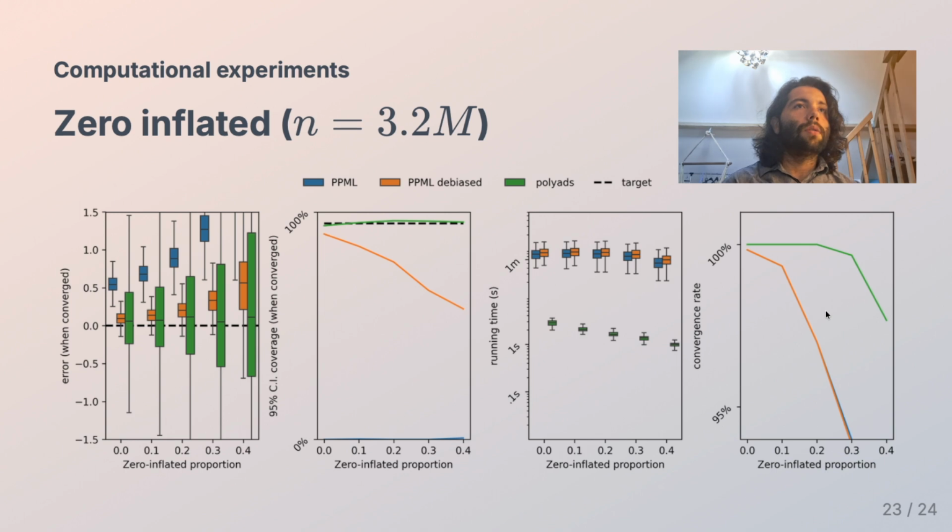And to finish the experiments, I also have here an example of a zero-inflated experiment. Here, what I did was to generate the data following a Poisson distribution in a sparse case with n equal to around 3 million.